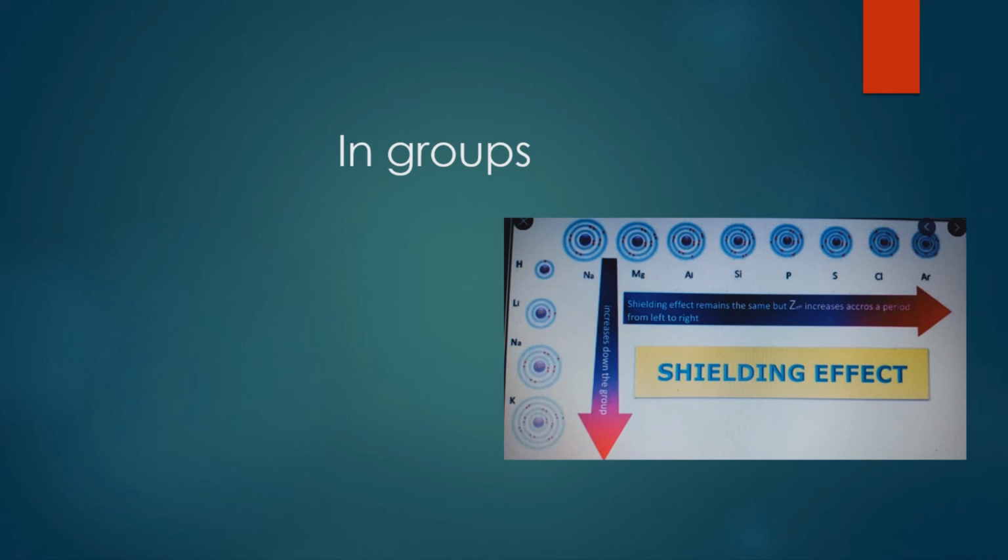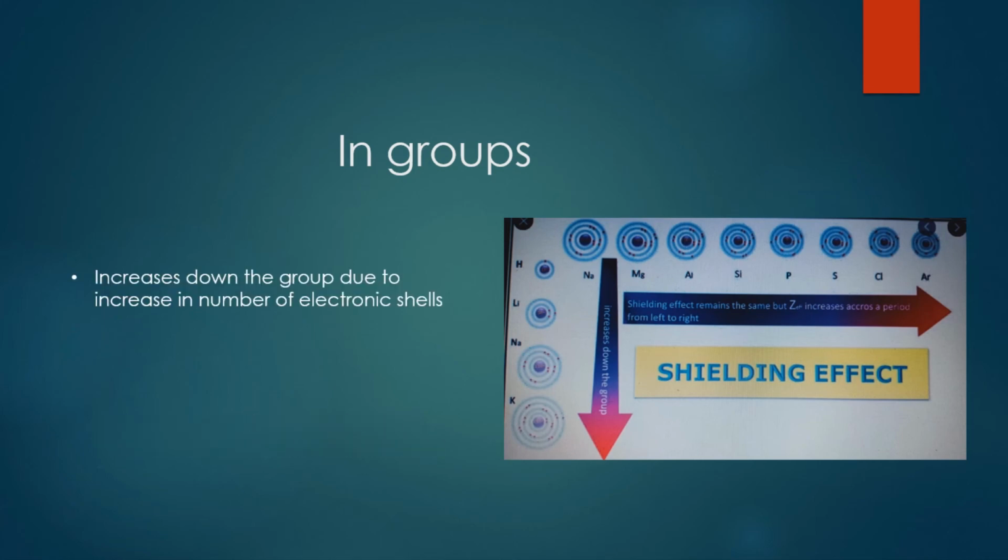In potassium, the first shell contains 2 electrons, the second 8 electrons, the third again 8 electrons and the last one has 1 electron. As we move from top to bottom in a group, the number of electronic shells or inner electrons increases.